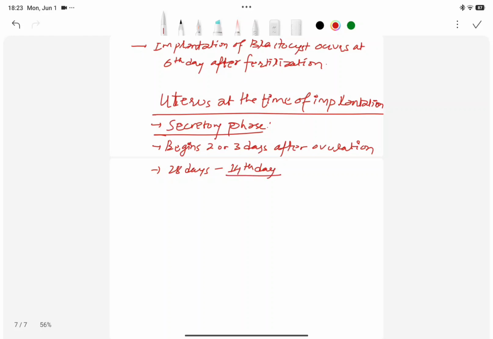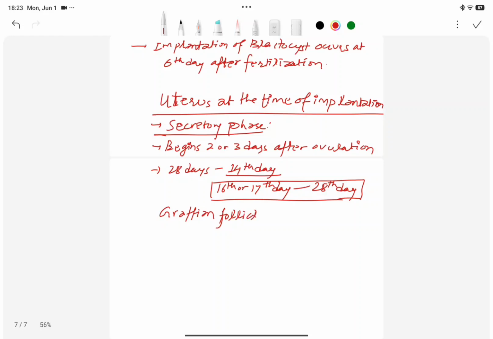So the secretory phase begins from the 16th or 17th day and lasts up to the 28th day. After ovulation, the Graafian follicle changes to the corpus luteum that secretes progesterone.